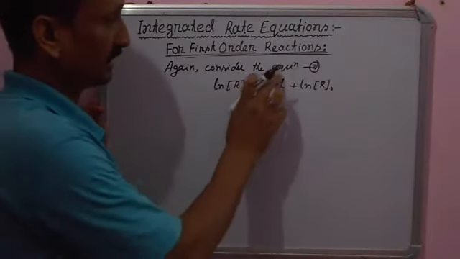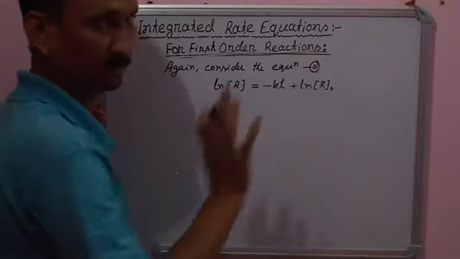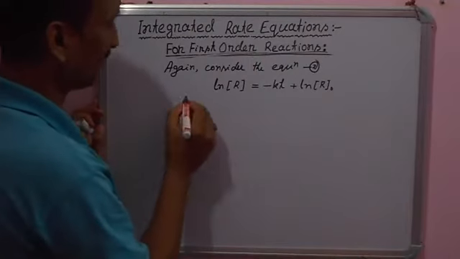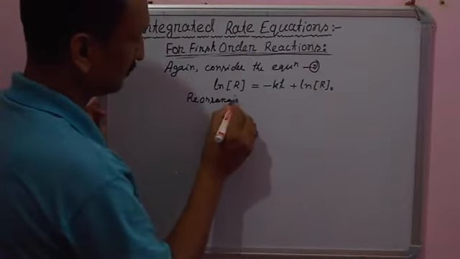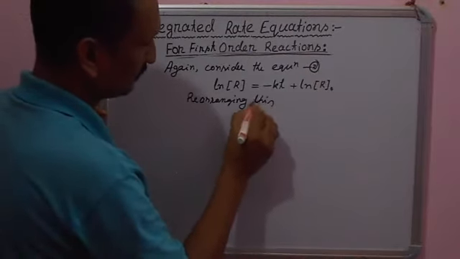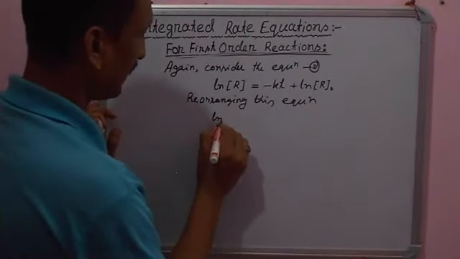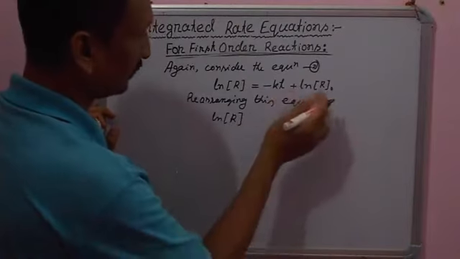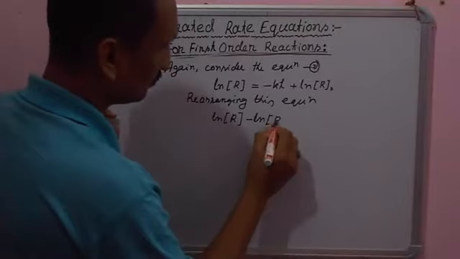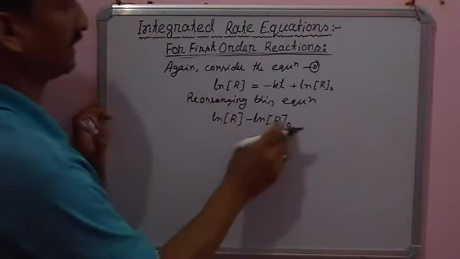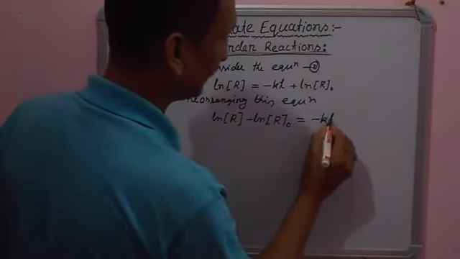So again we will consider equation 2, that is ln of R equal to minus kt plus ln of R naught. Now if you rearrange this equation, we will get ln of R. If you bring it this side, then it will be minus ln of R naught, equal to minus kt.